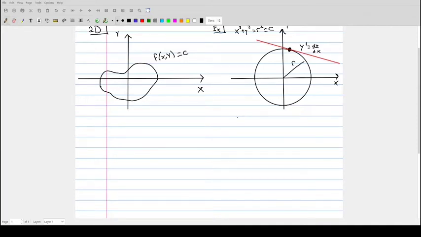Specifically, using implicit differentiation from single variable calculus, we utilize what's called the implicit function theorem in mathematics.